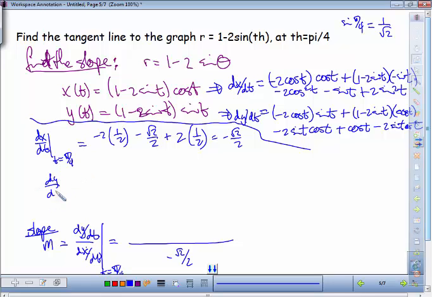dy dt evaluated when t is equal to pi over 4. All right, we have negative 2, and now we have sine and cosine multiplied, but they're both equal to 1 over root 2. So let's call that a 1/2 again. Plus root 2 over 2 minus, same thing, right?